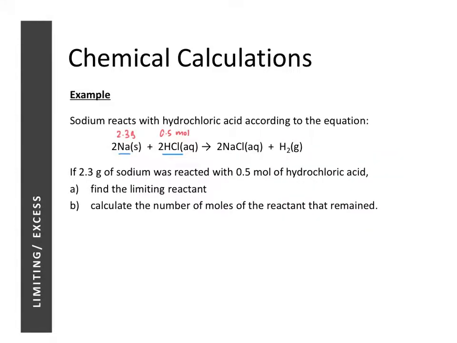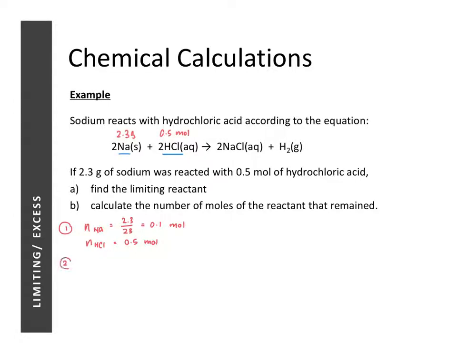So step number 1, we're supposed to find the number of moles of both reactants. The number of moles of sodium is equal to mass divided by molar mass, which is 0.1 mole. The number of moles of HCl is already given in the question, so there's no need to do any calculations. So this is step number 1, find the number of moles of both reactants.